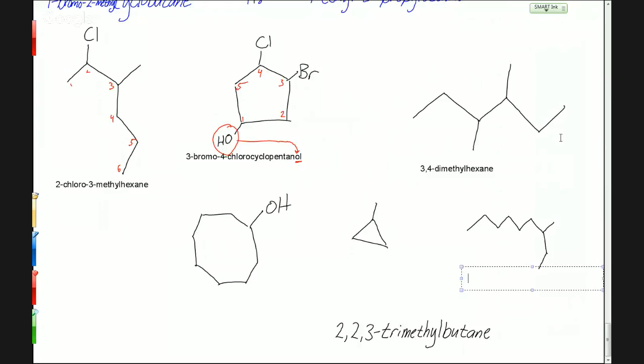Remember, we need to number the longest possible chain from wherever it gives the lowest number for the substituents. So I would say we'd number it the other way and call it 3-methyl.